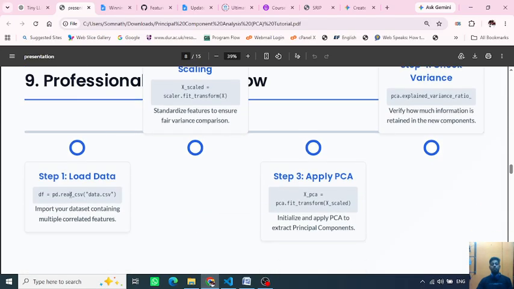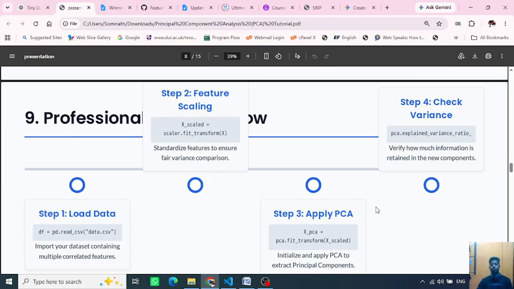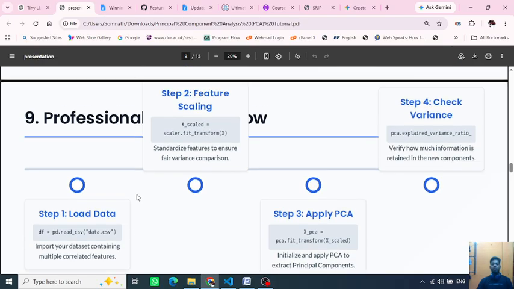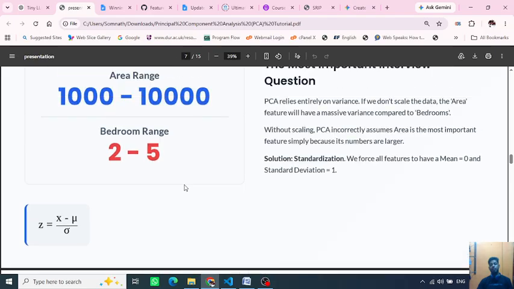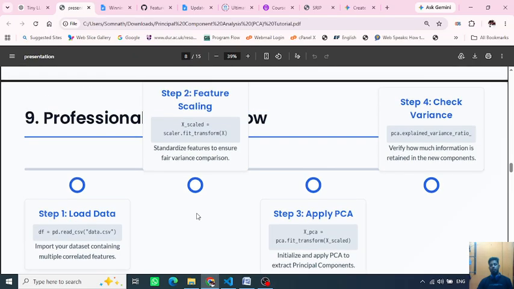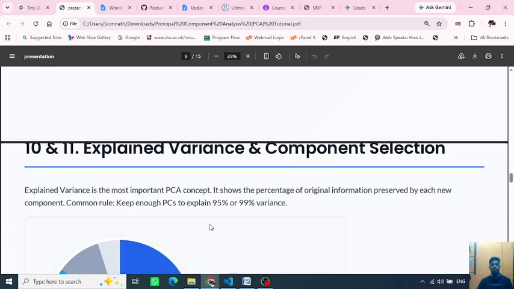So the flow of PCA is: first I need to load the data, then I have to scale the features, which means standardize the values. Then we apply PCA and then check the variance.